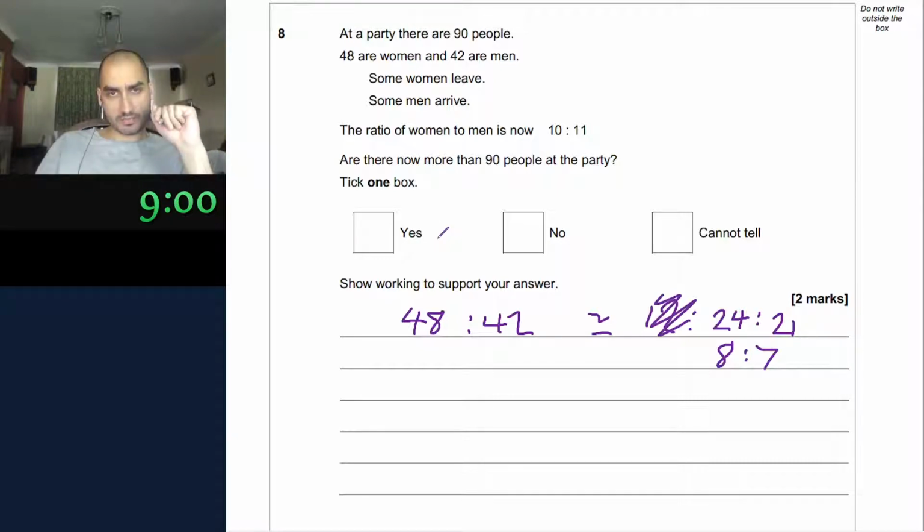So we decrease the number of women and we increase the number of men until the ratio of women to men is now 10 to 11. So there are now more men than women. I don't understand this.